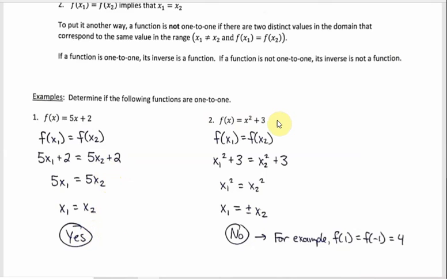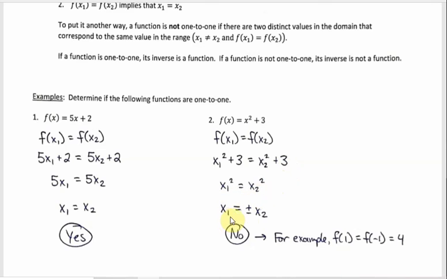Number two, I kind of gave this away a minute ago. This is a parabola, so it's not going to be one-to-one. If you try to do it, you say, if f of x1 equals f of x2, then x1 squared plus 3 equals x2 squared plus 3. But then you subtract 3 from both sides, you end up here. But if two squares are equal, that doesn't mean that x1 and x2 have to be equal.